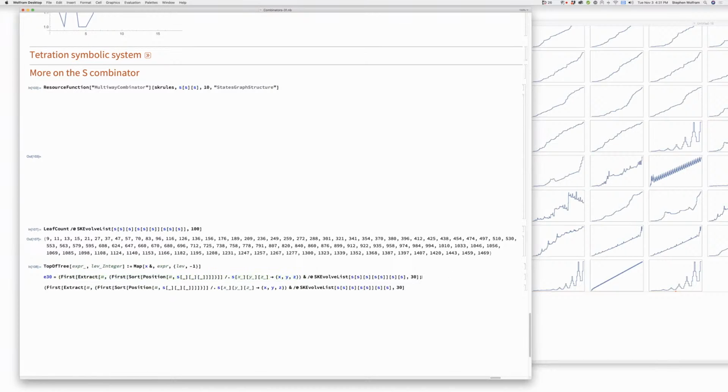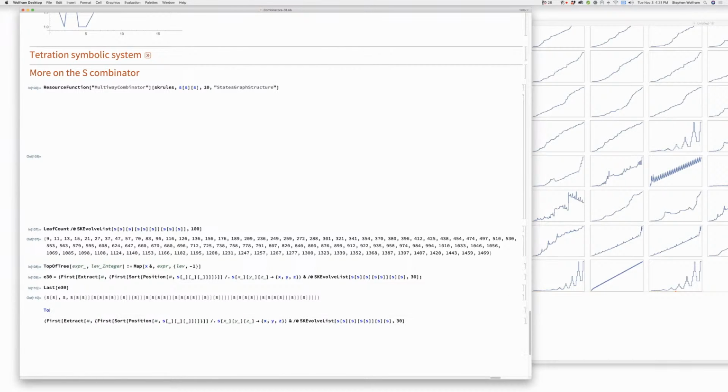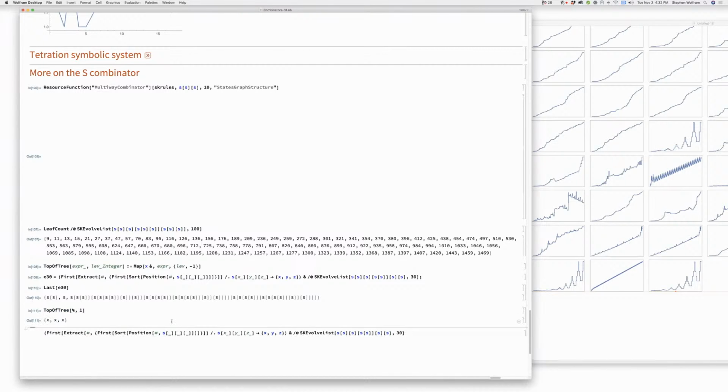And let's say last of E30, it'll be a big complicated mess. And now I say top of tree, percent comma 1. Top of tree. Oh, actually, I don't want to do that. I'm sorry. I don't want this part.